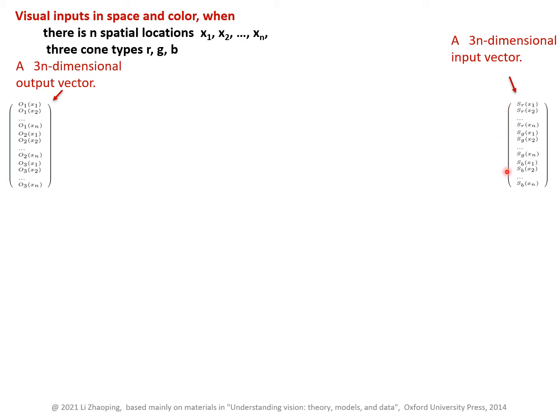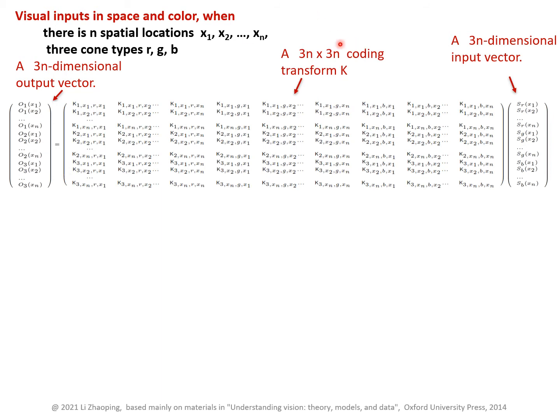So to transform this input to that encoded output, we need a 3n by 3n encoding matrix K, and each of its elements is indexed by a pair of indices. Its row index corresponds to these indices. So it's 1x1, 1x2, all the way to 1xn, 2x1, 2x2, 2xn, 3x1, 3x2, all the way to 3xn.